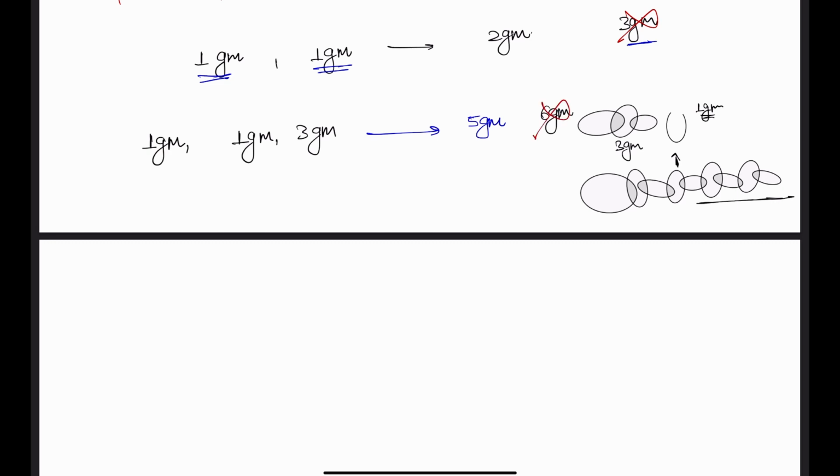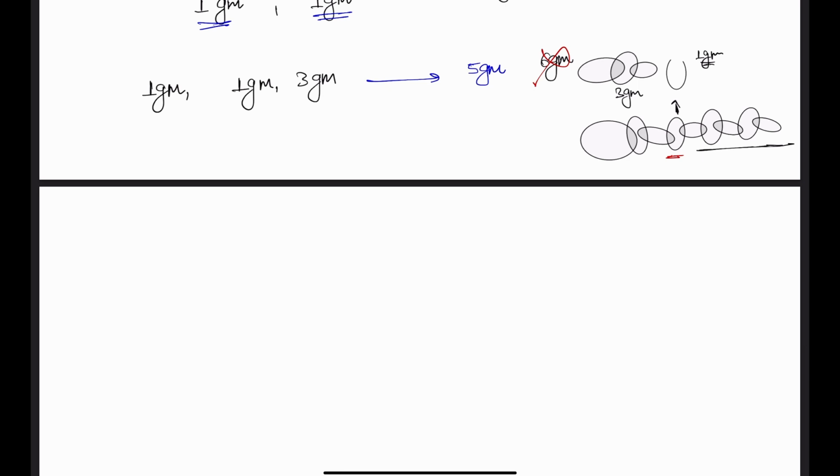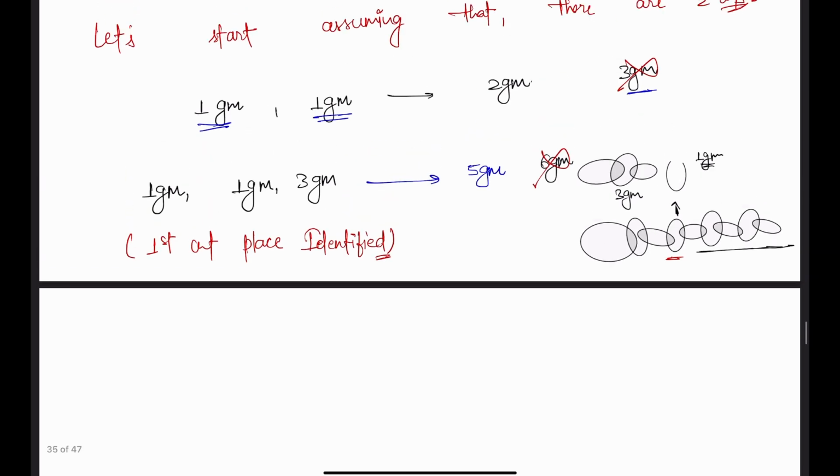So the first cut is identified. Let's just write it here: first cut place identified. Here 2 cuts are there, the place is not identified.